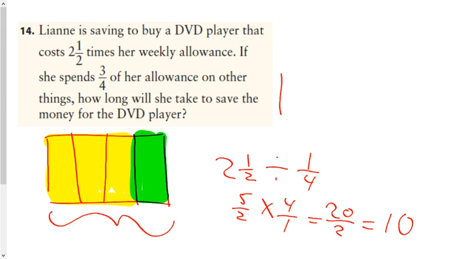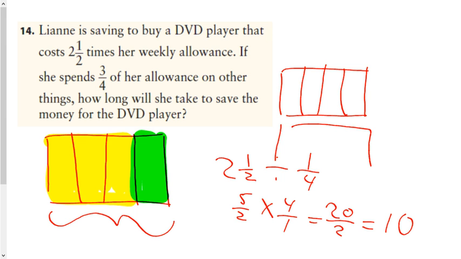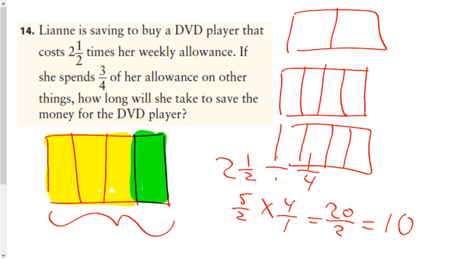And I'm going to show you a different way. Here is her allowance, empty. Now, how much does she need to save up for the DVD player of those empty boxes? She needs 2 full ones. She needs all of this one, and all of this one, and how much of this one? Half of it. She needs 2.5 allowances.